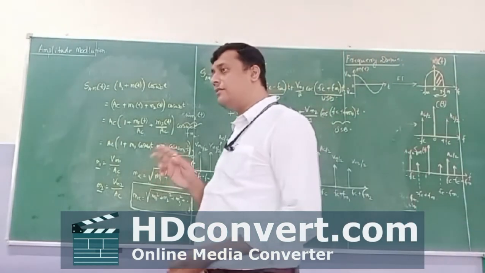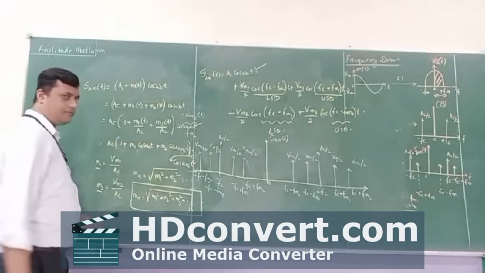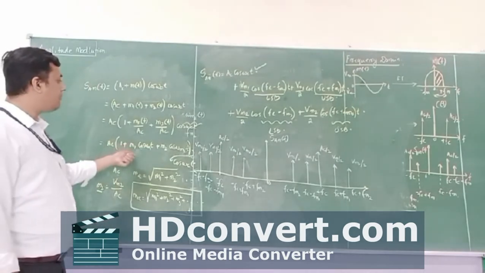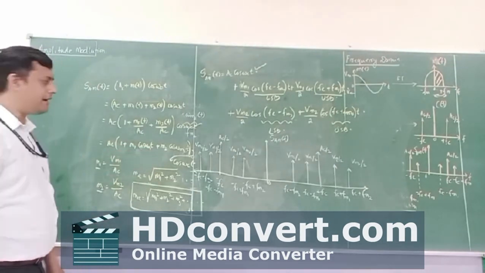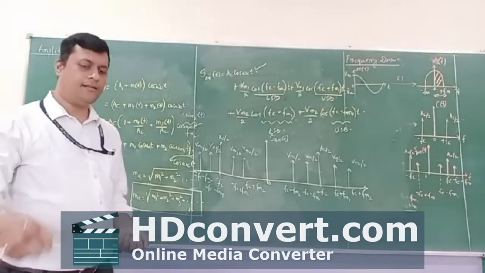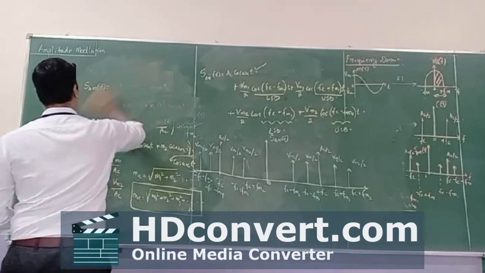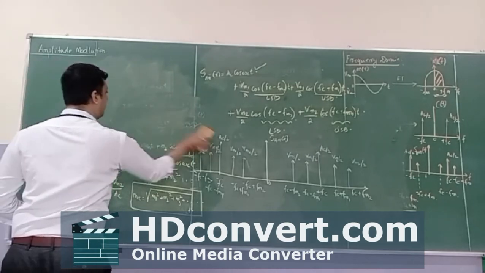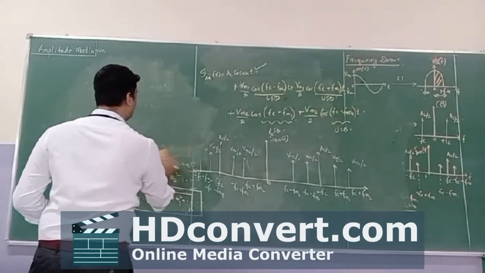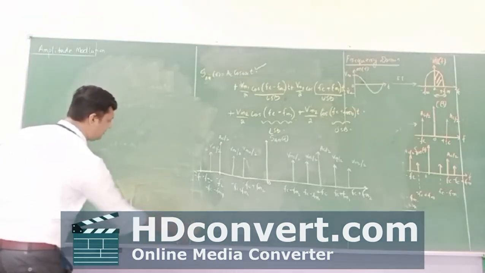And one more important thing, for this modulated signal, if it is a multi-tone signal we have identified, and here we have considered that FM2 is greater than FM1. So what will be the bandwidth of this multi-tone signal?